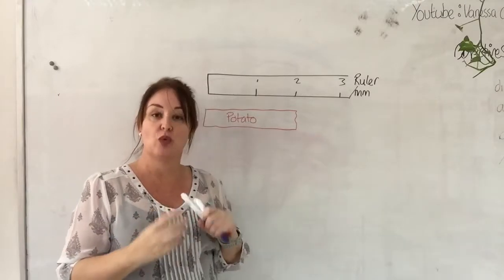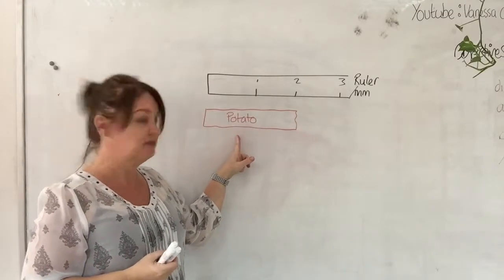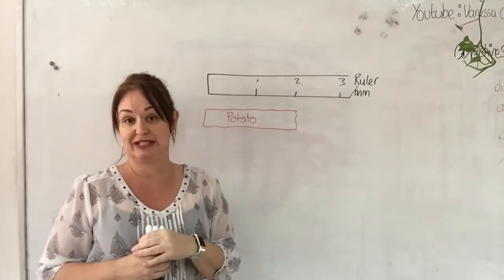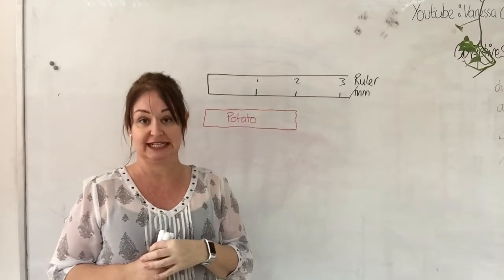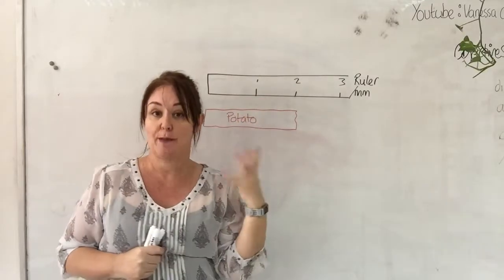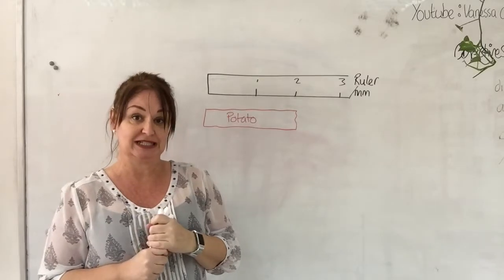Okay, let's go over that one more time. We measured our potato before the experiment. We found in this case, for instance, it was 2 millimetres long. A millimetre was the resolution of this instrument. Even if the potato had measured 1.5 along here, we would have said it was 2 millimetres.